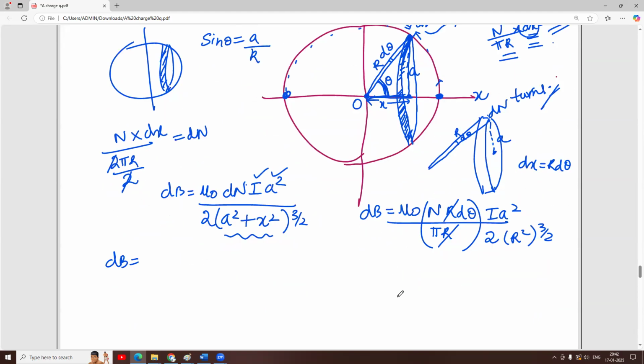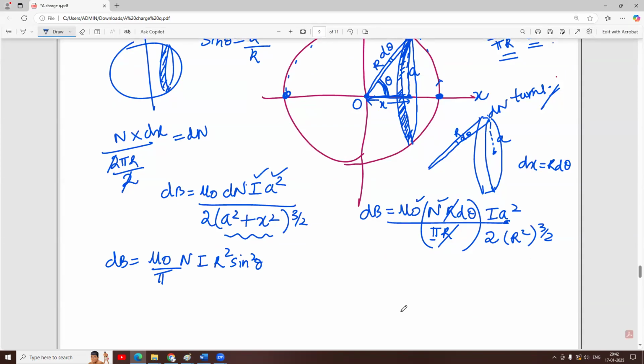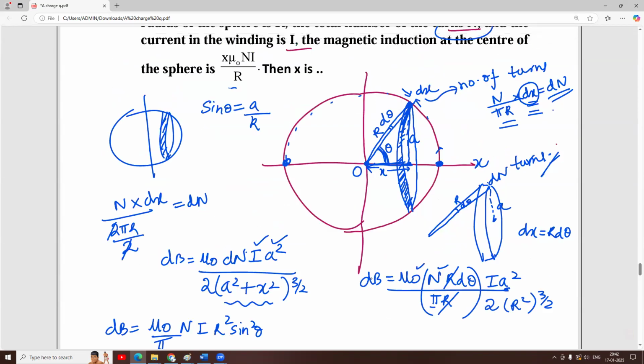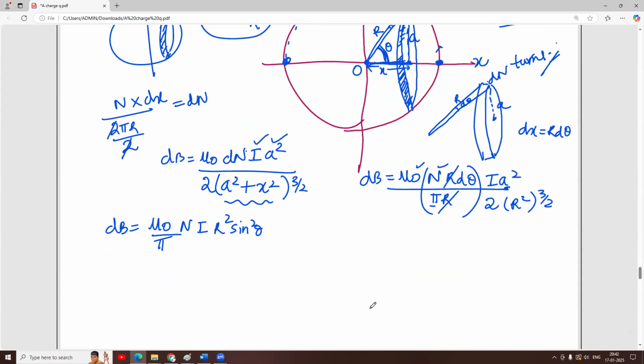So dB is equal to mu naught by pi, N, total number of turns, I. A square can be written as r square sine square theta, because A is r sine theta, divided by 2 into r square to the power 3 by 2, r cube.